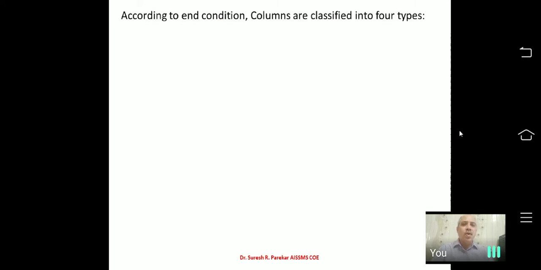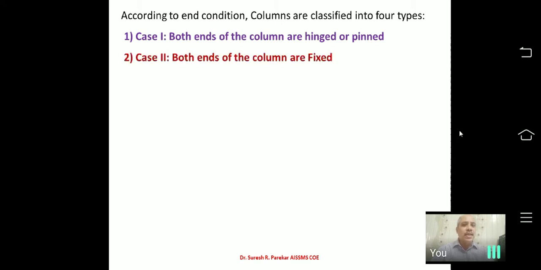Now considering end conditions, columns are divided into four types. First, both ends of the column are hinged or pinned. Second, both ends of the column are fixed.